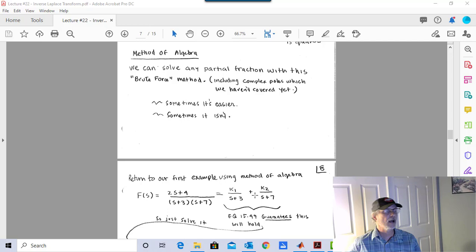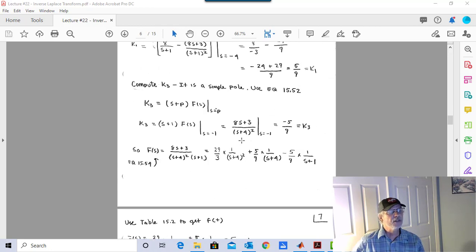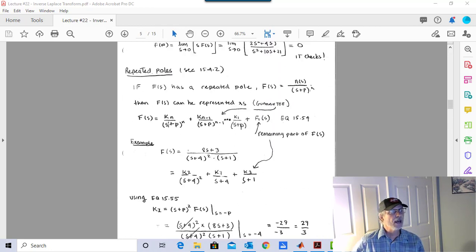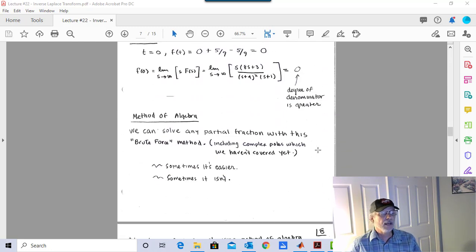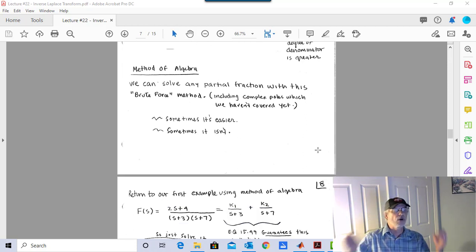And you remember how the simple poles guarantee, which is what we're using right here, was different than the guarantee that we had when we had repeated poles. So the way I really like to do these partial fraction problems is I look at my F of s and I figure out what guarantee applies, or in other words, what does the right-hand side of that equation look like? And then I use the method of algebra, which we're going to do now.